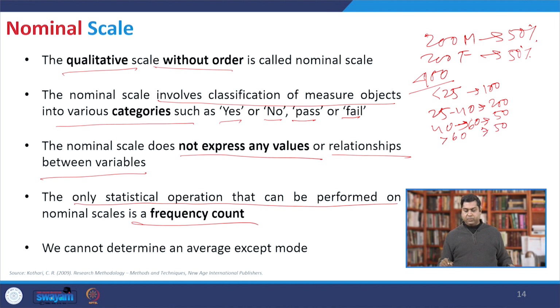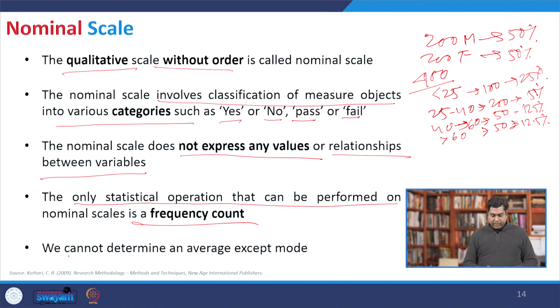Altogether you have 400, and now you can derive the frequency. In this case the frequency will be 25%, 50%, and for 50 out of 400 samples it is 12.5% and 12.5%. That is why you can create a frequency of those numbers.